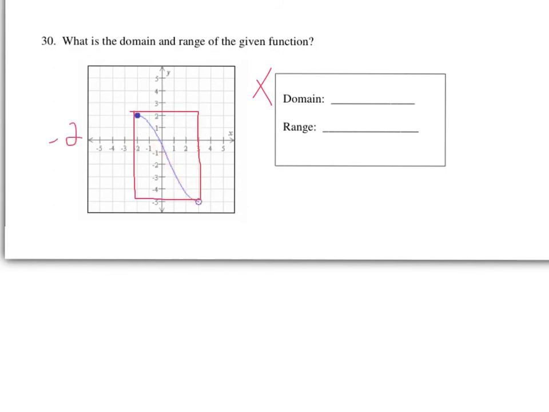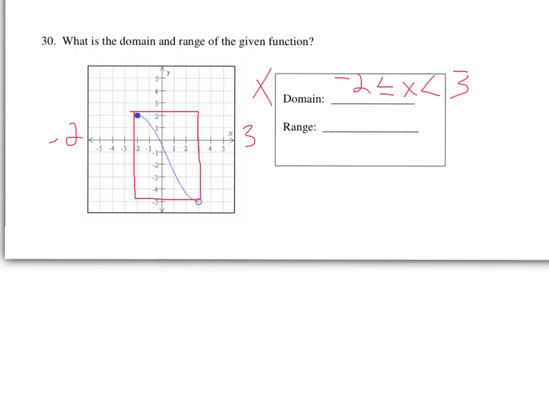So on the x-axis, we go from -2 to +3. So -2 is the least amount, and that's less than all of the values of x. And then we get all the way to the number 3. And there's an open circle here, so that means we do not include the value of 3. So we will have just the less than sign with the number 3.